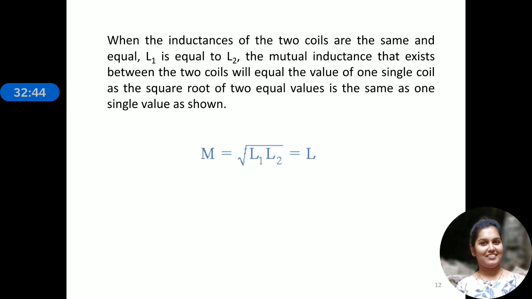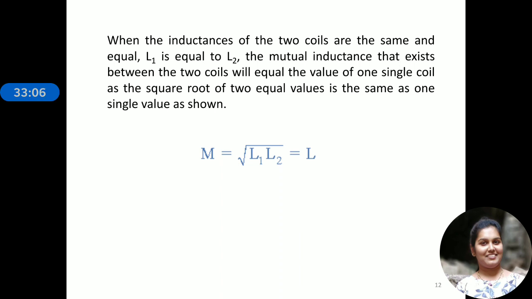In such a case, when both the self inductances of the coils L1 and L2 are the same, the mutual inductance will be equal to the self inductance. So we can write M is equal to L, as L1 and L2 are both the same.